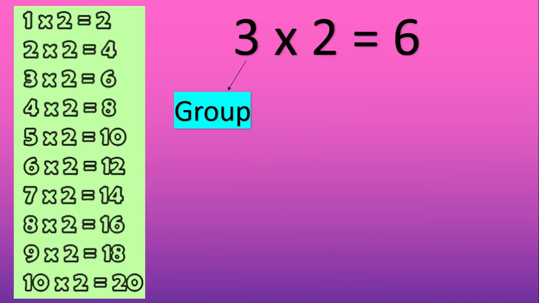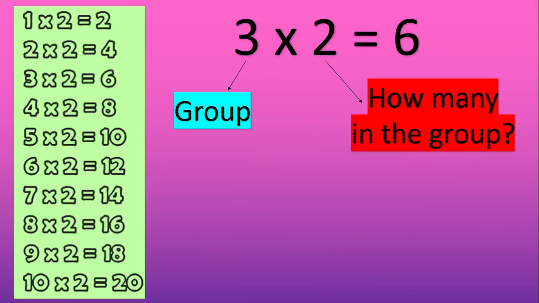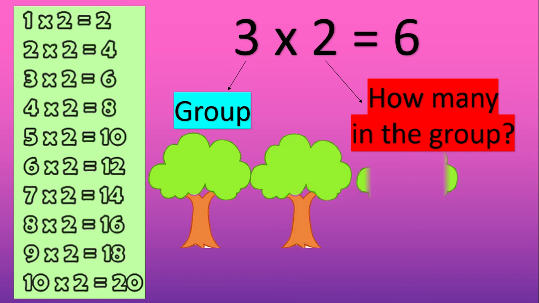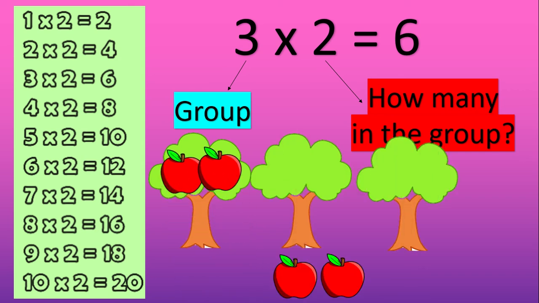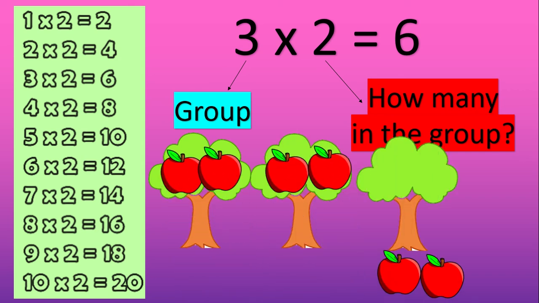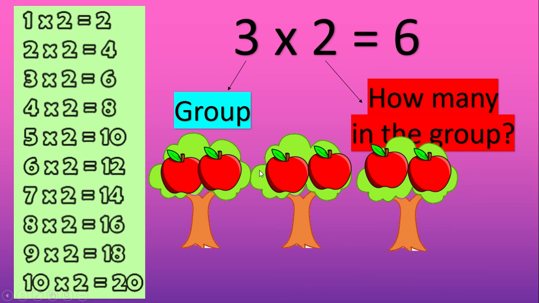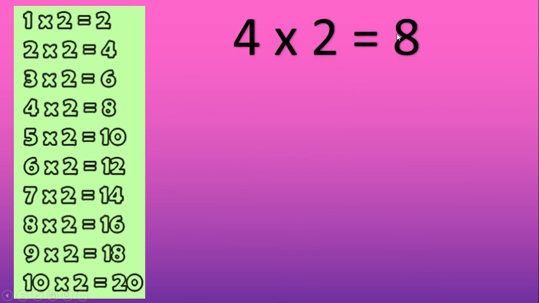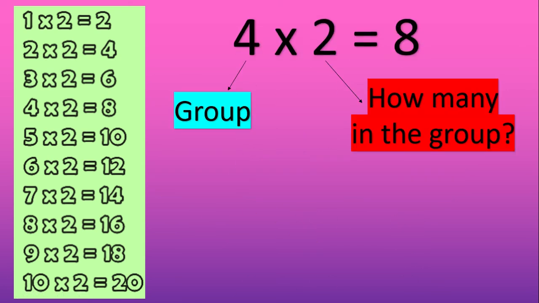3 times 2, I need to have 3 groups and 2 in a group. So here's my 3 apple trees, and each apple tree has to have 2 apples in it. So we can count by ones or we can count in twos. So let's see, 3 groups of 2, it's 2, 4, 6. Therefore the answer is 6. 4 times 2, 4 groups of 2.